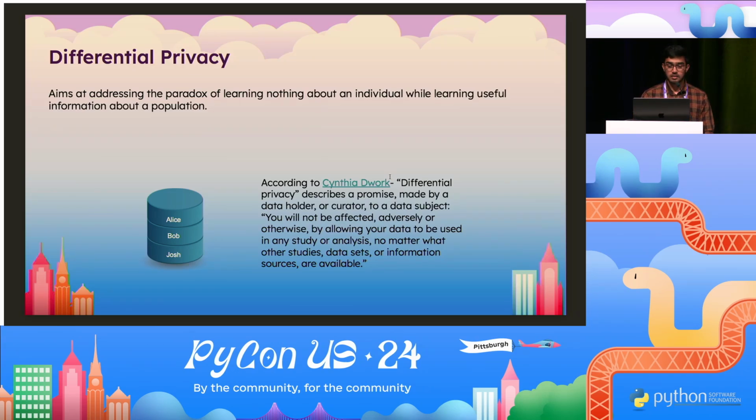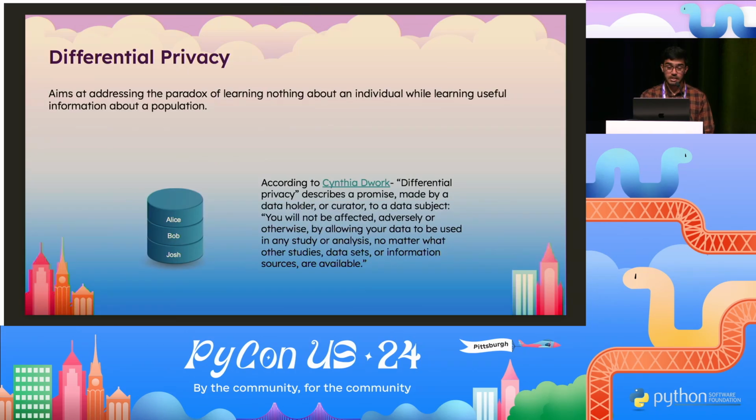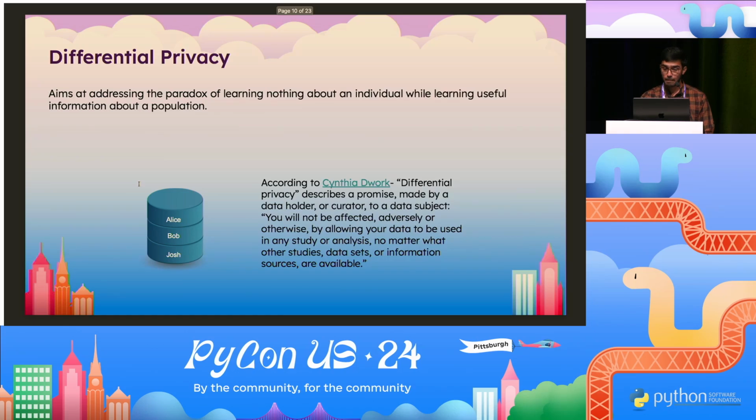In Cynthia Dwork's 2006 work with her colleagues, she mentions that differential privacy is basically a promise made by a data holder, in this case the trusted admin, to the data subject, to any of the people participating in this data.